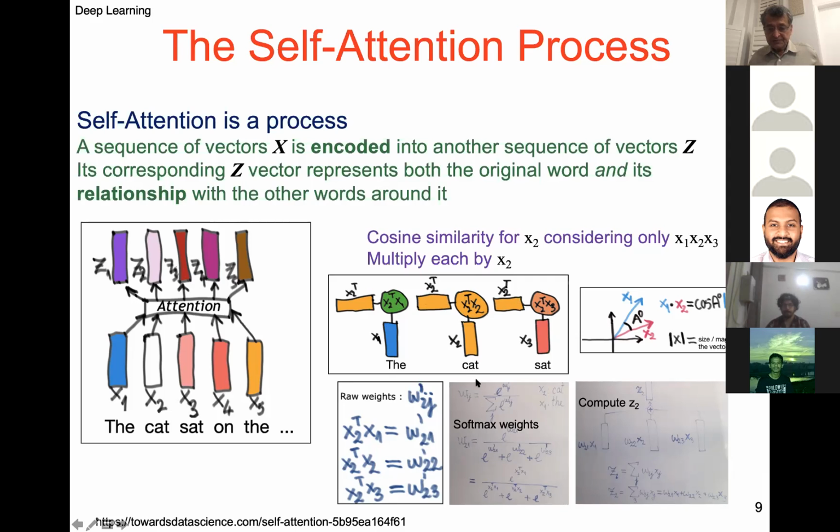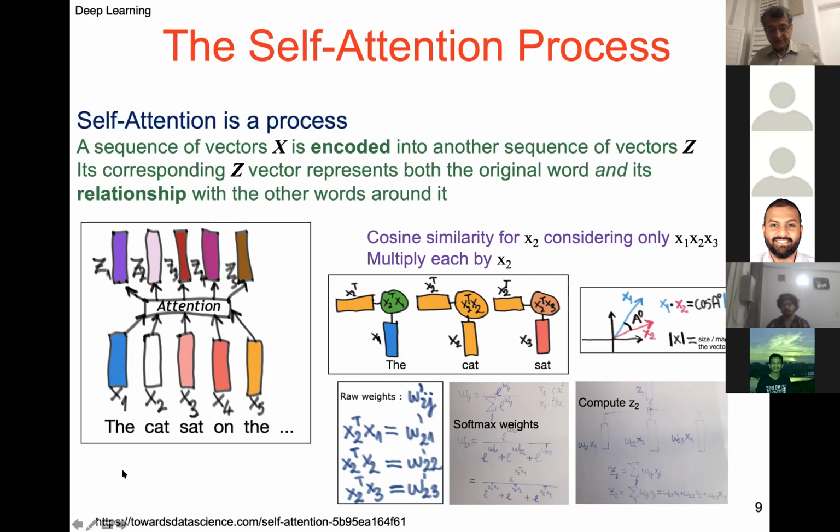And then we do a softmax of these weights. Given this is W21, W22, W23, W2 means it corresponds to x2, and this is 21, this is 22, this is 23. We softmax the three, which means we come up with values that add to 1, with the weights that you've just computed in this way.